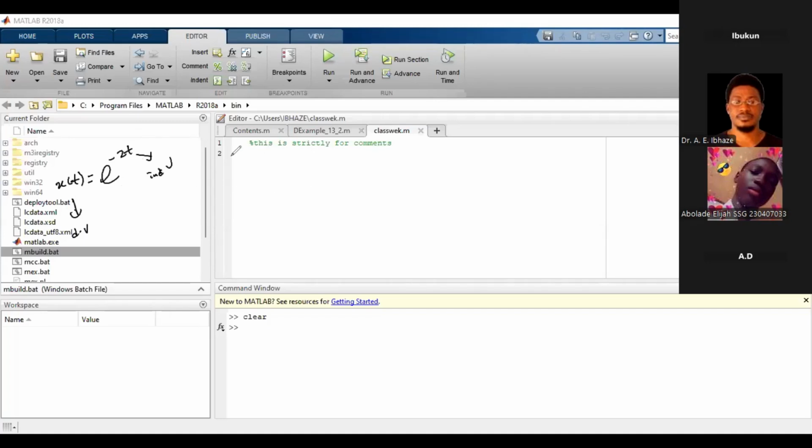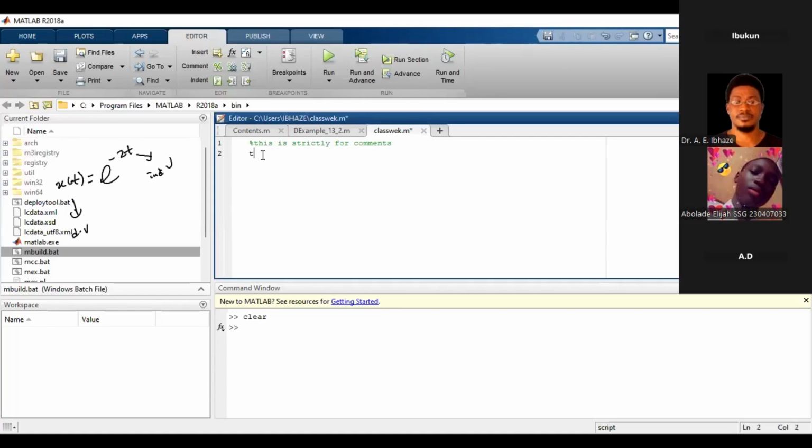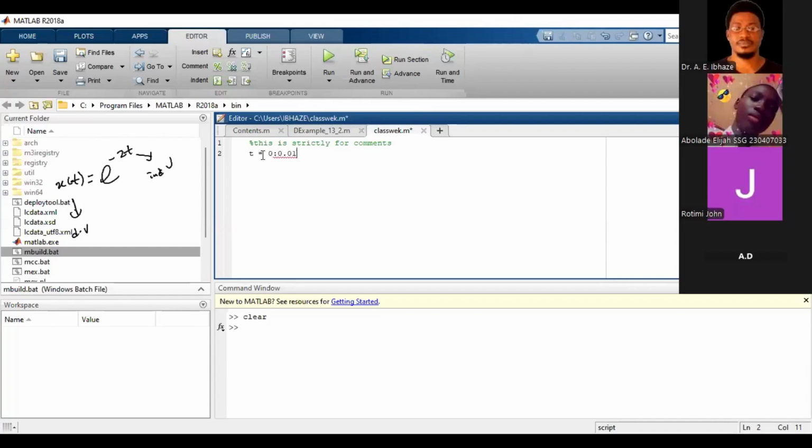So for us to be able to do this, let's say my time, time t. I want it to take on values from 0 to 10. So I'll say 0, with an interval of 0.01, to 10, okay?